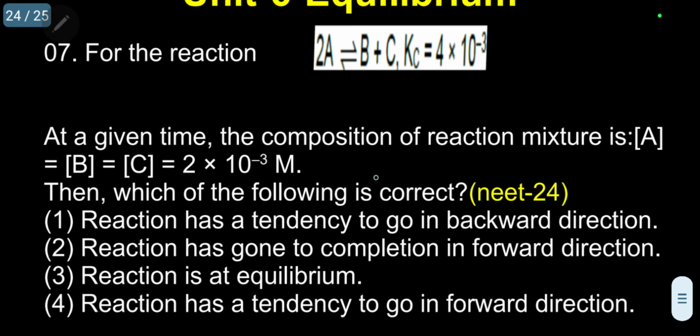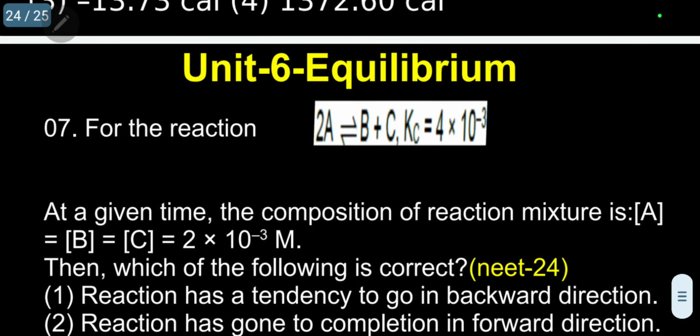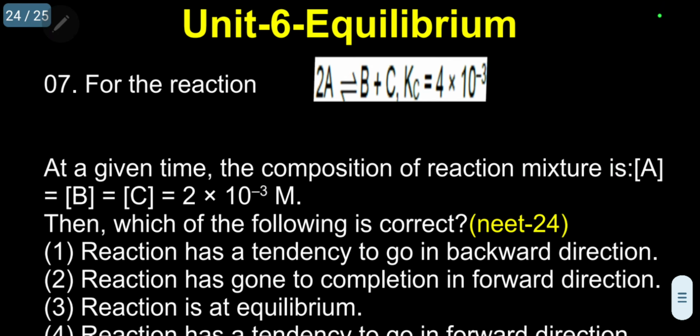Next question. For the reaction, question number 7, 2A reversible arrow B plus C, Kc equal to 4 into 10 to the power of minus 3.